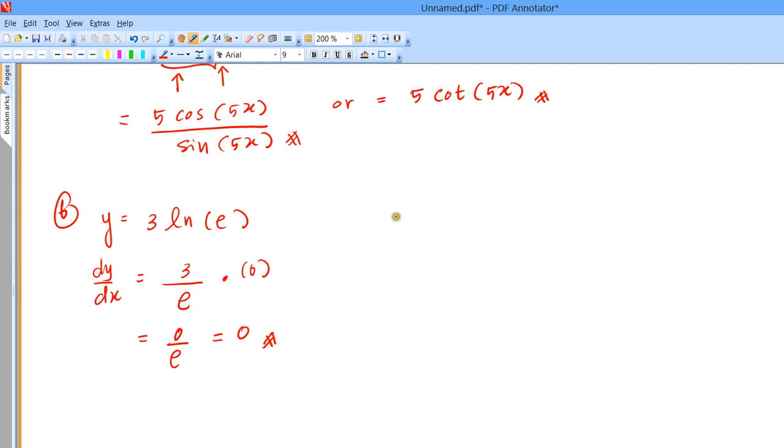Okay, next example, number 7. Y equal to e ln x plus e power of cos x. We have logarithmic function and exponential function.